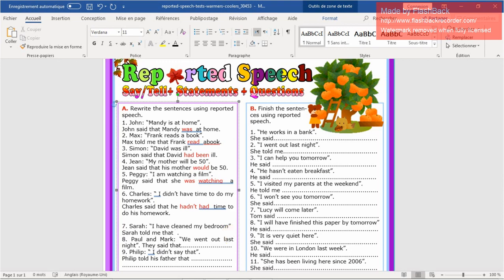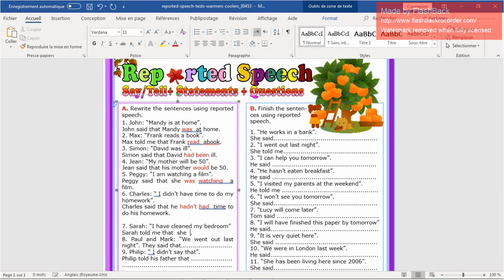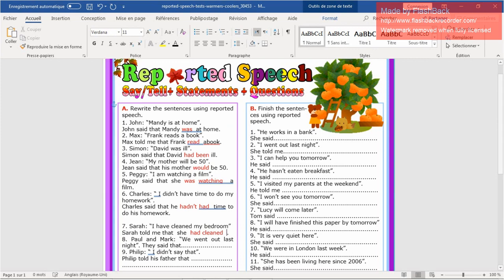So Sarah told me that she had cleaned her bedroom. Excellent.